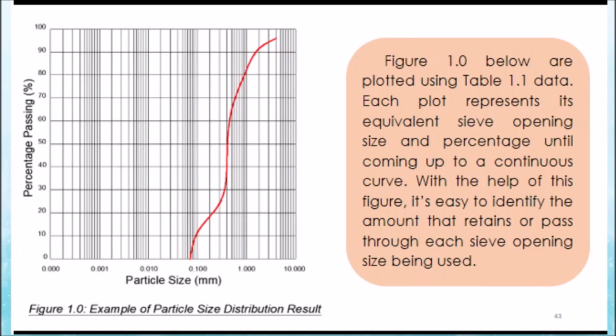Each plot represents its equivalent sieve opening size and percentage until coming up to a continuous curve. With the help of this figure, it is easy to identify the amount that is retained or passes through each sieve opening size that is being used.